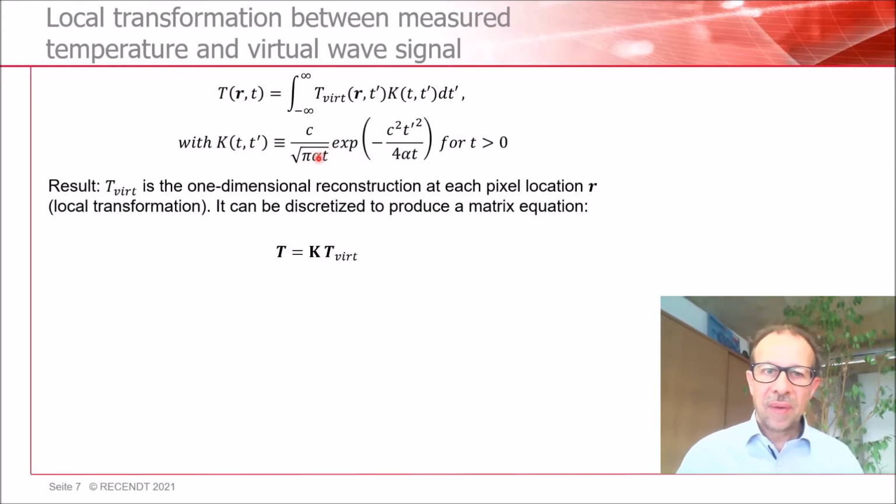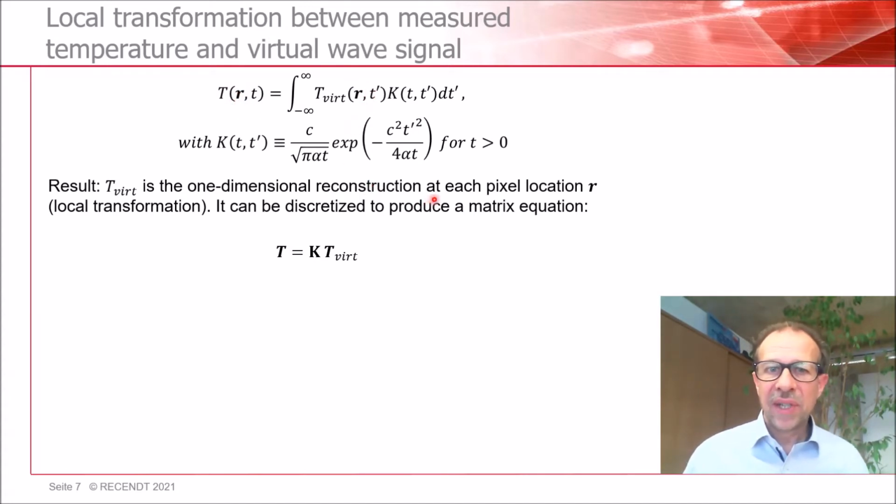So it shows the relation between heat diffusion and the acoustic wave propagation. The result is that the T_virt is the one-dimensional reconstruction at each pixel location r. It's a local transformation because you have the same location r here for the temperature and the virtual wave.